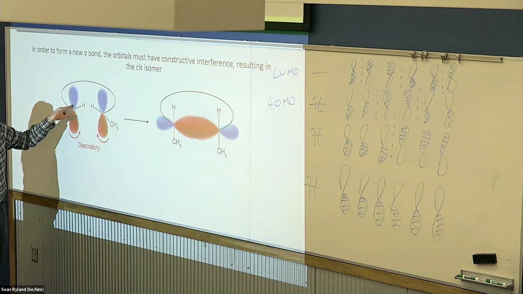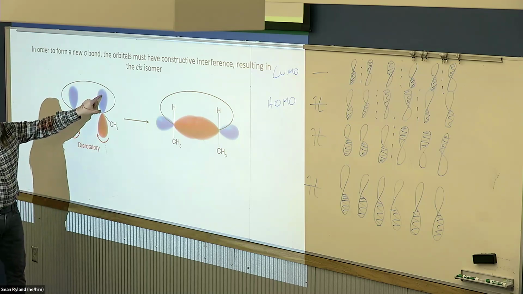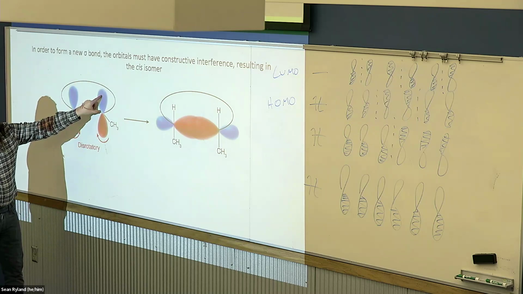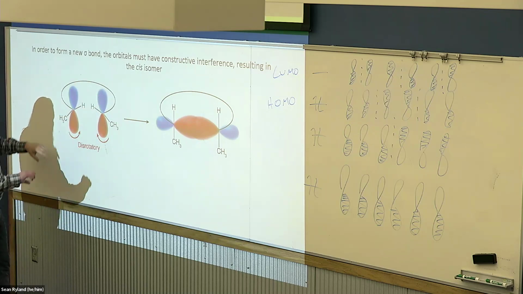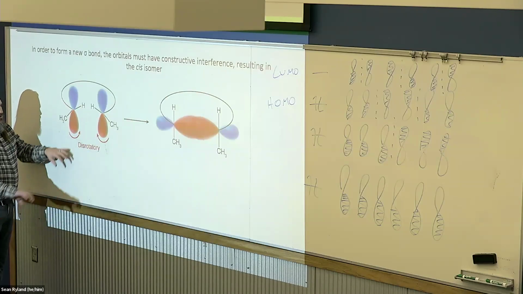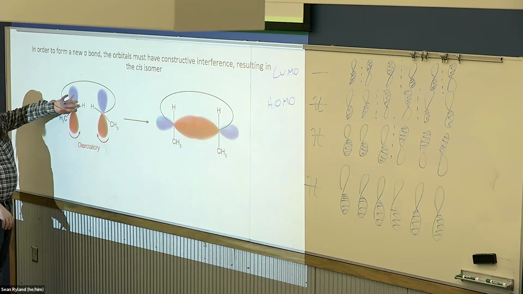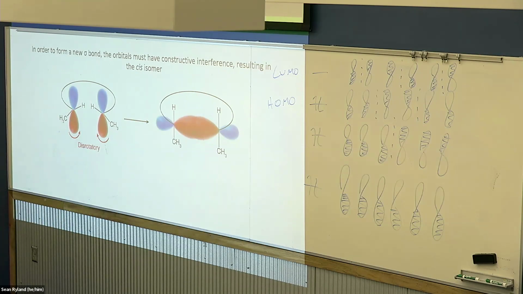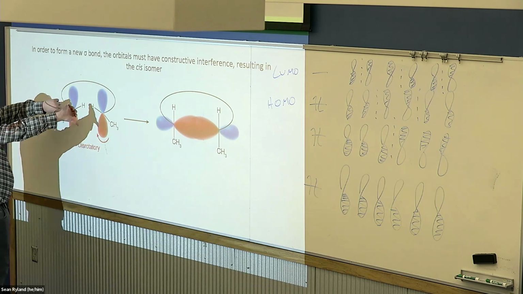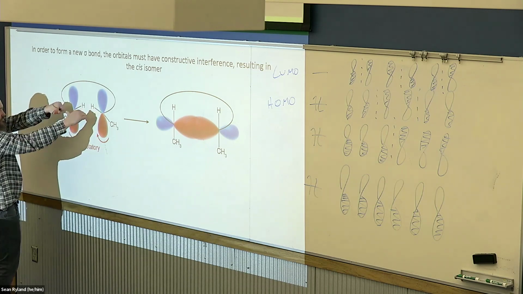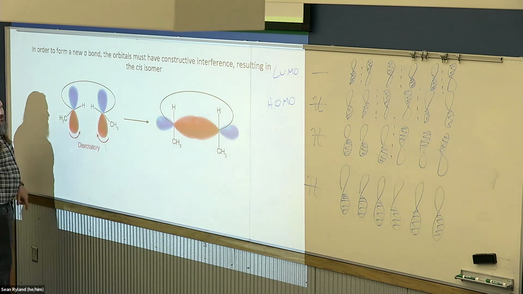So for our HOMO, the blue was facing up on both ends, which means in order to get them to overlap, we need to rotate one clockwise and one counterclockwise. So they refer to that as disrotatory, because they're rotating in opposite directions. And when you rotate in the disrotatory way, both of your methyls get dragged downward.